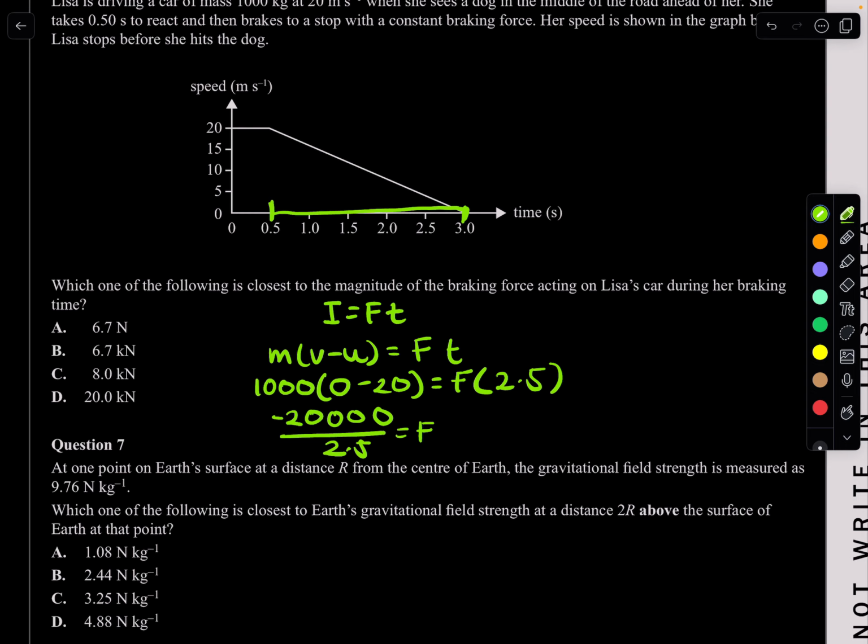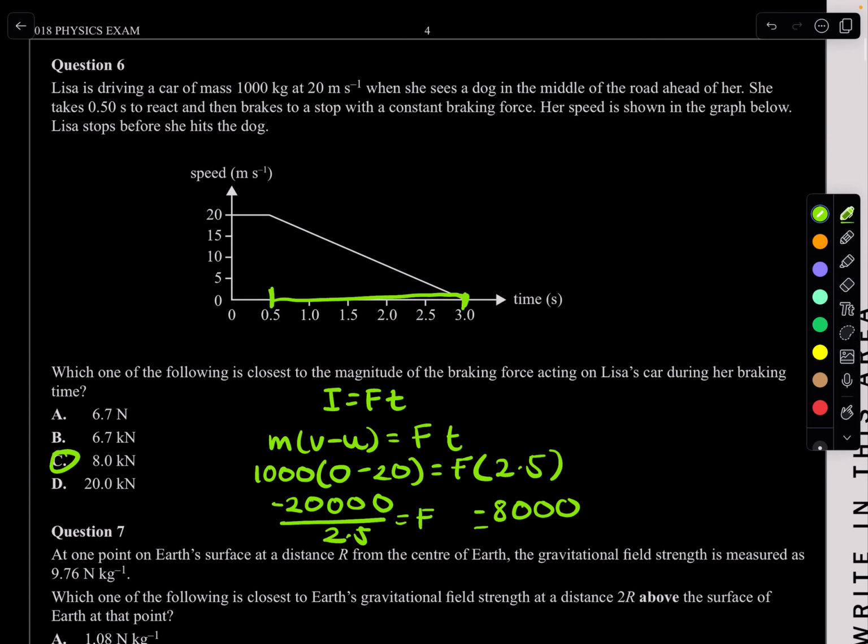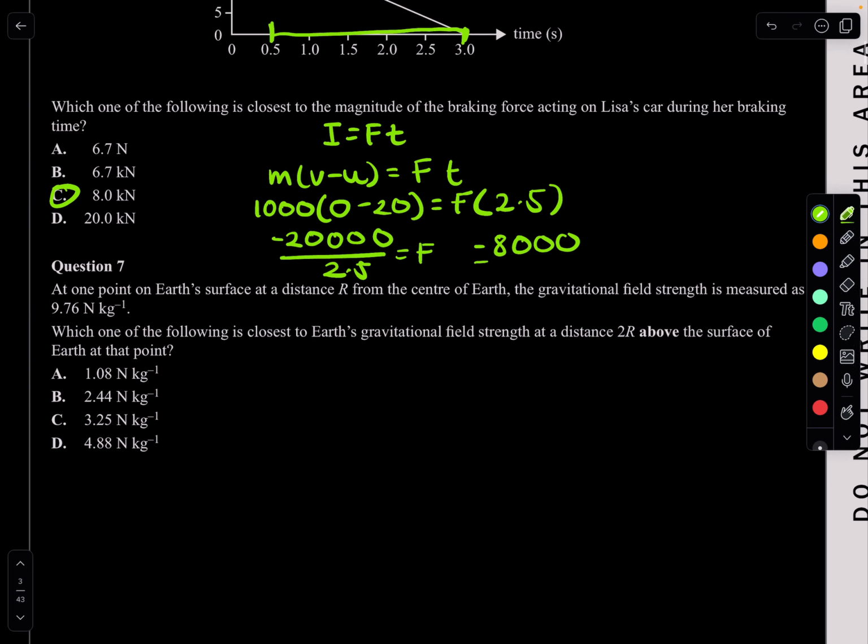That gives me negative 8,000, which is pretty much 8 kilonewtons, which is C. Negative means that it's going the opposite way, of course, because you are braking, the force is going to be the opposite. And yeah, easy.